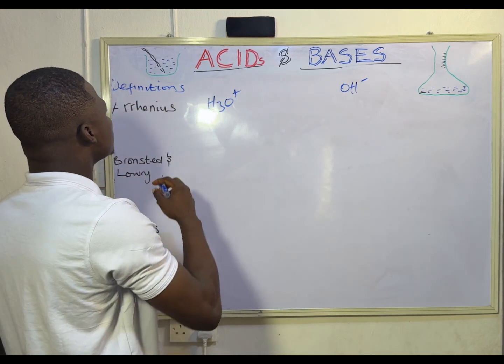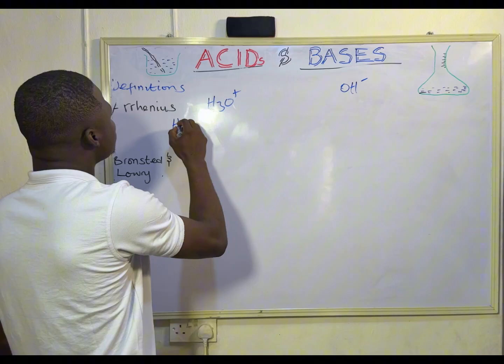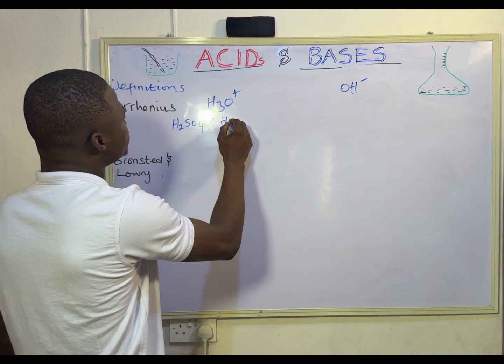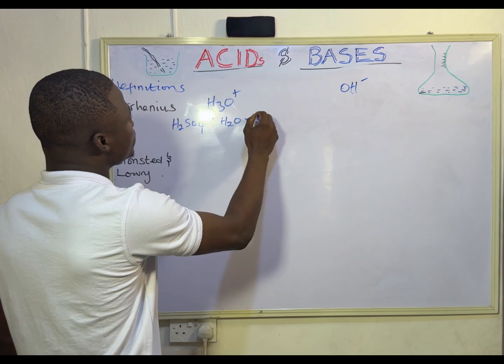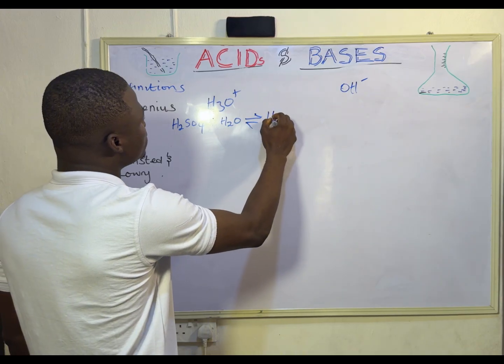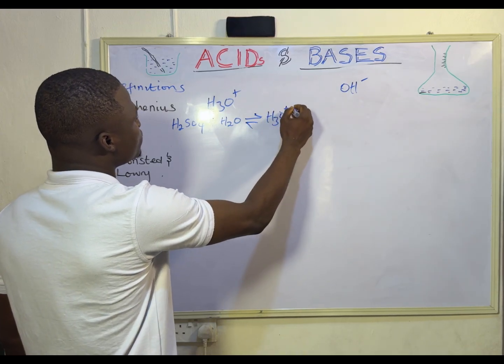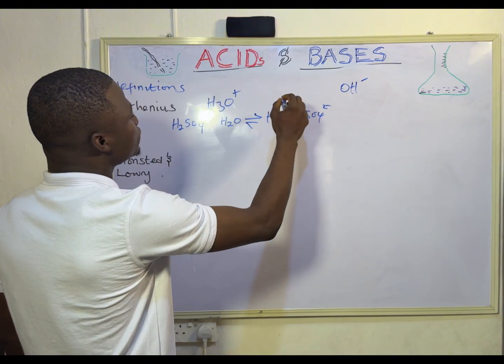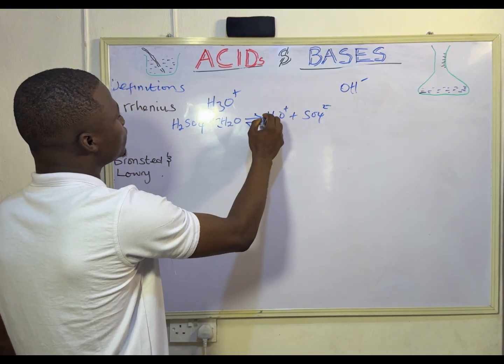So if we look at this equation, H2SO4 plus H2O gives us H3O plus and the sulfate ion.